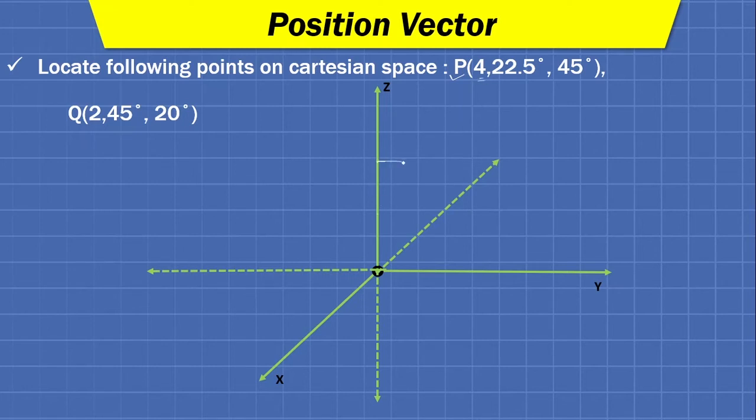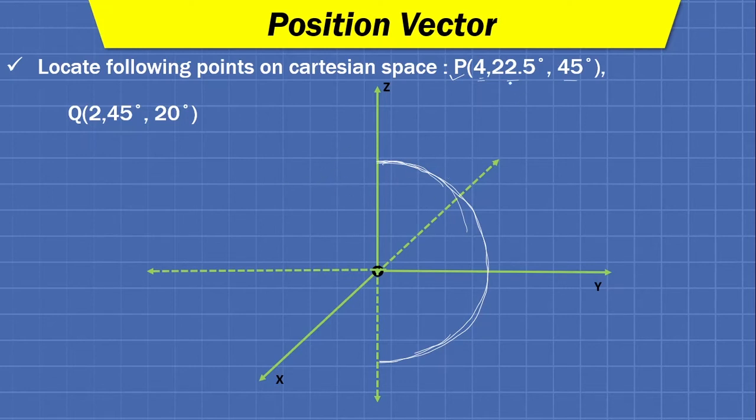So first we will draw a sphere of 4 unit radius. Fine. I'm not going to draw full sphere because we know that both the angles are positive, so nothing is going to lay on the left hand side of z-axis.